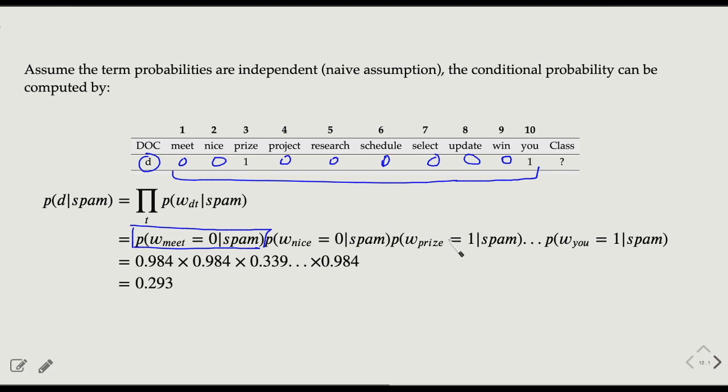In this case, price does appear, so it's P(W_price = 1 given spam), and then times the rest of the probability values. It's the multiplication of all these probability values, and in the end we get something like 0.29. So this is the probability that a spam email will have this exact configuration, this combination of the terms in the document.